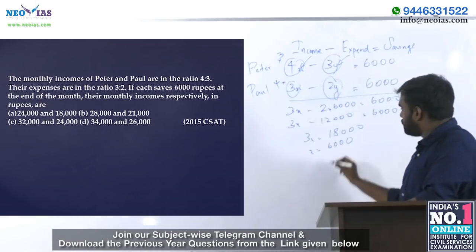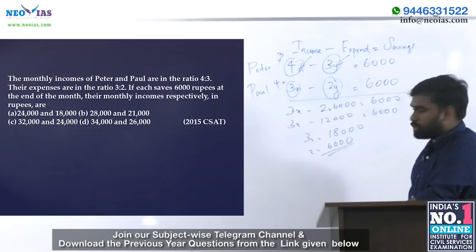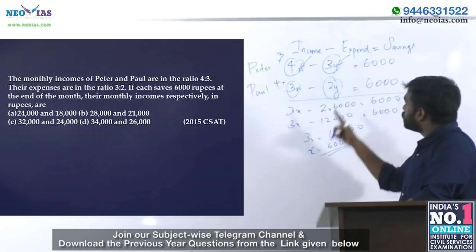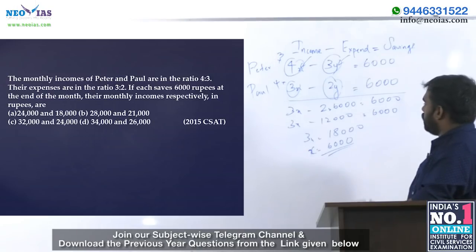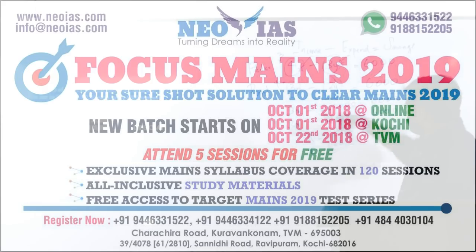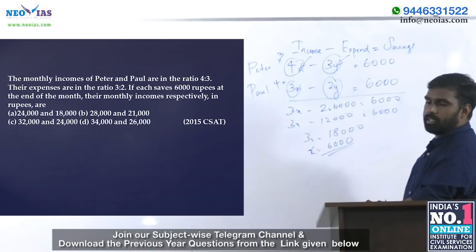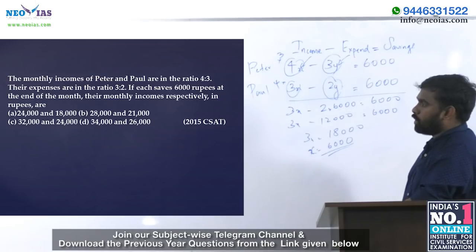So, the value of x is also 6,000. What is being asked? The incomes of Peter and Paul: 4 into 6,000 and 3 into 6,000. That means 24,000 and 18,000.